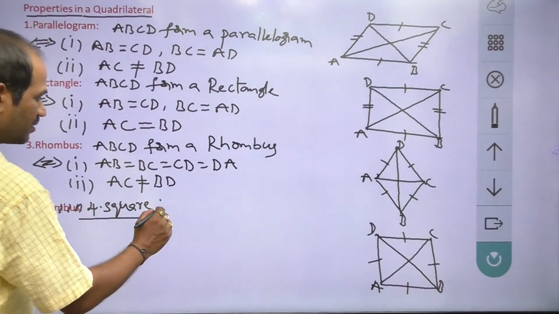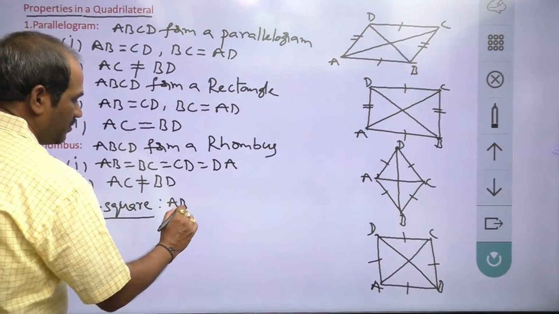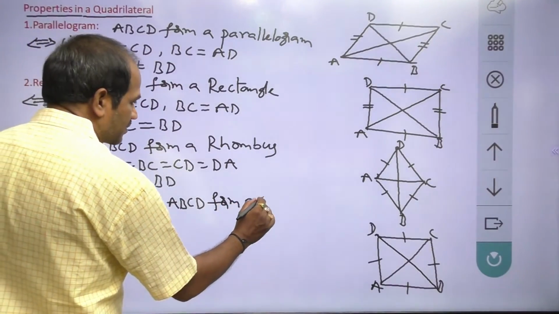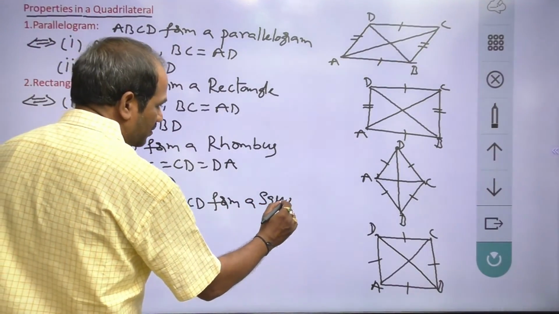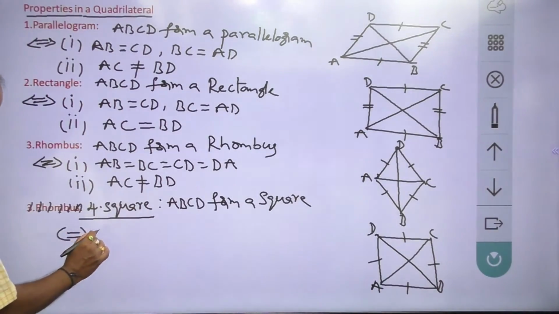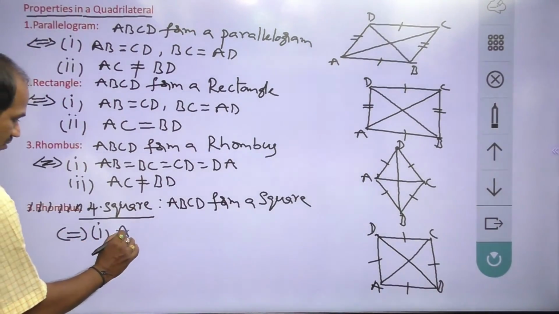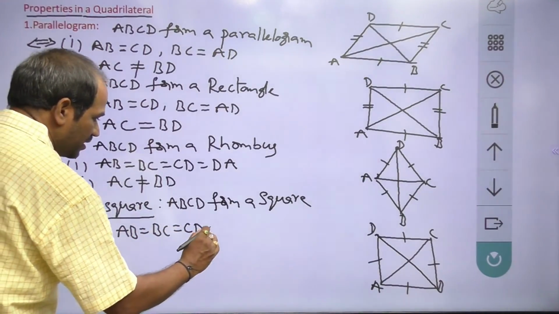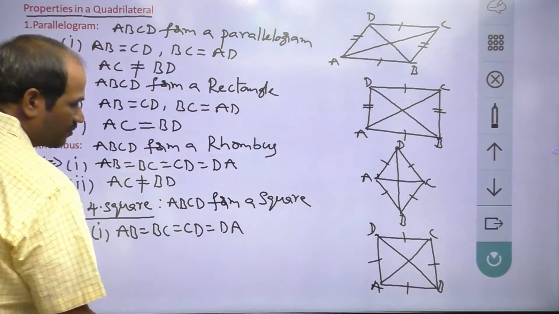ABCD forms a square if and only if these conditions hold. The first condition is AB is equal to BC is equal to CD is equal to DA, the lengths of all sides are equal.